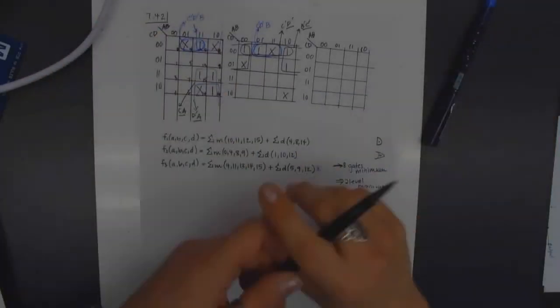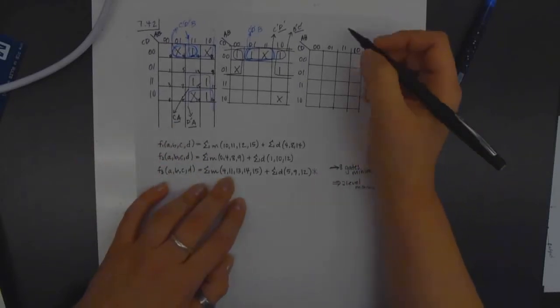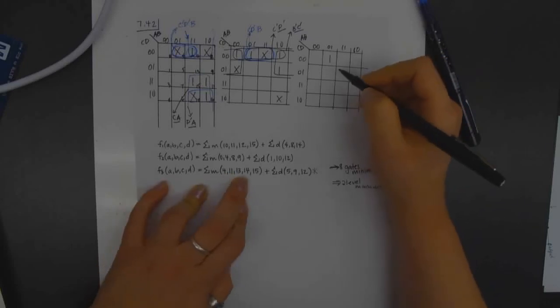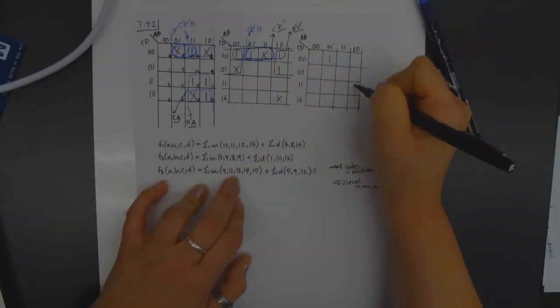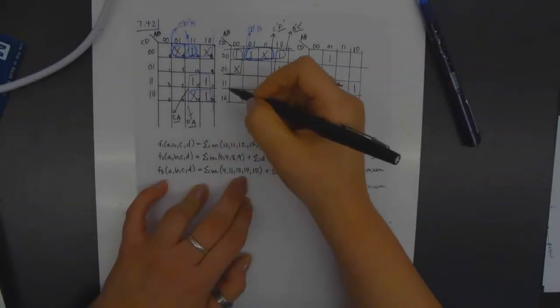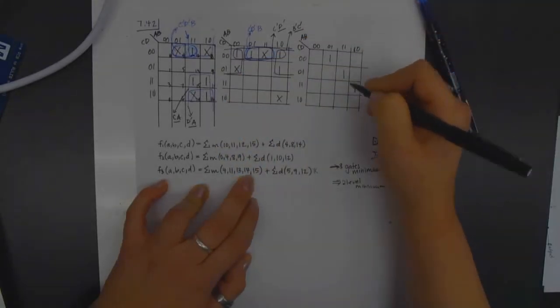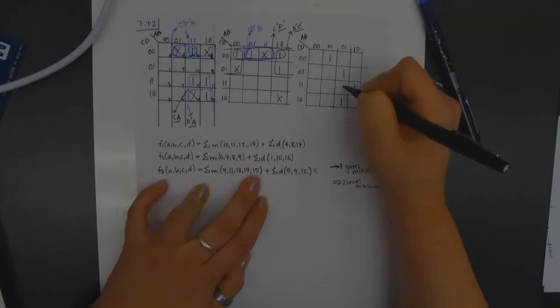All right, so then we've got the same kind of method here, placing our ones and then our don't cares. 13, 14, and 15.